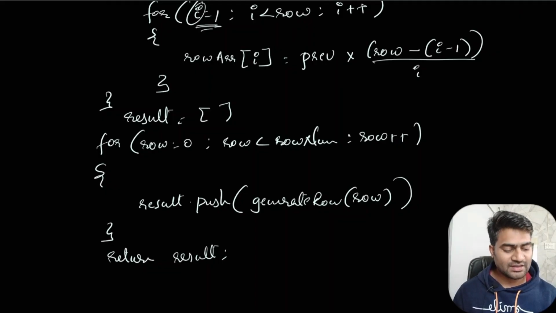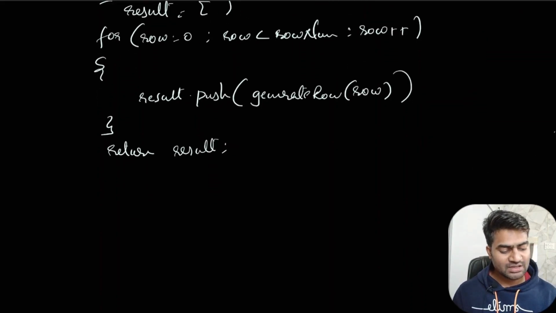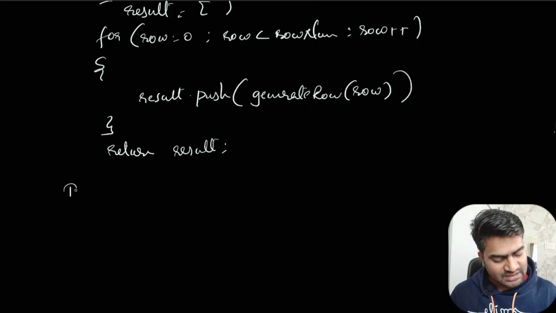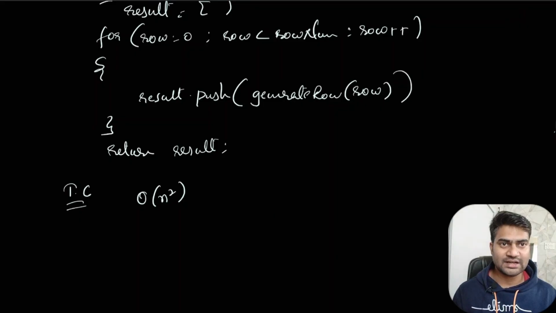This is also again a DP way, because we try to remember the previous value and then generate the current value. But this is the most effective and most optimal way. If you explain this, the interviewer will be very happy with your answer. Now the time complexity is clearly O of n square, because for each row you generate once and you call that n number of times.